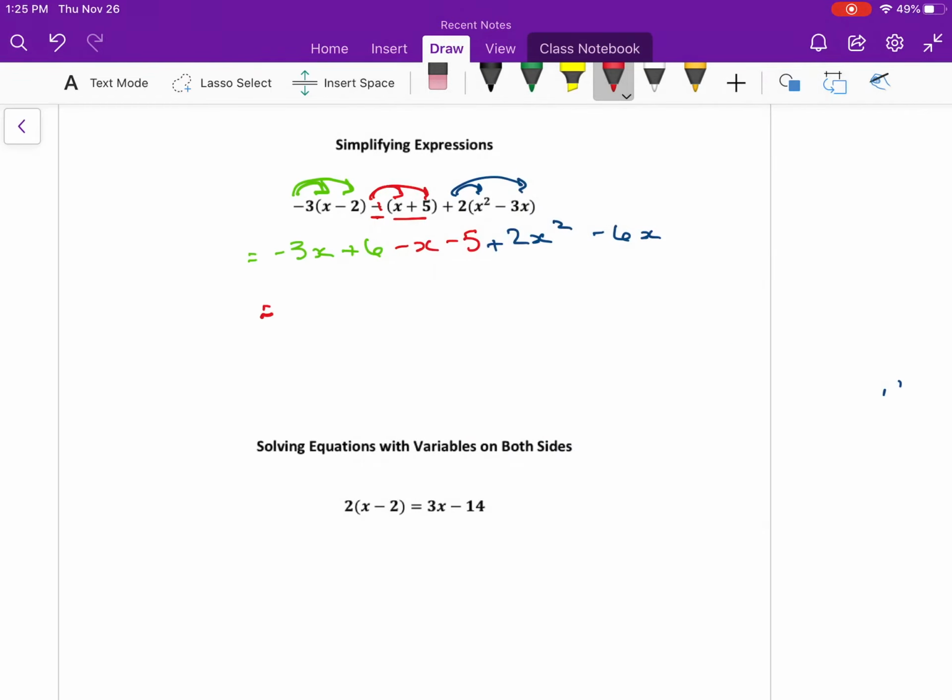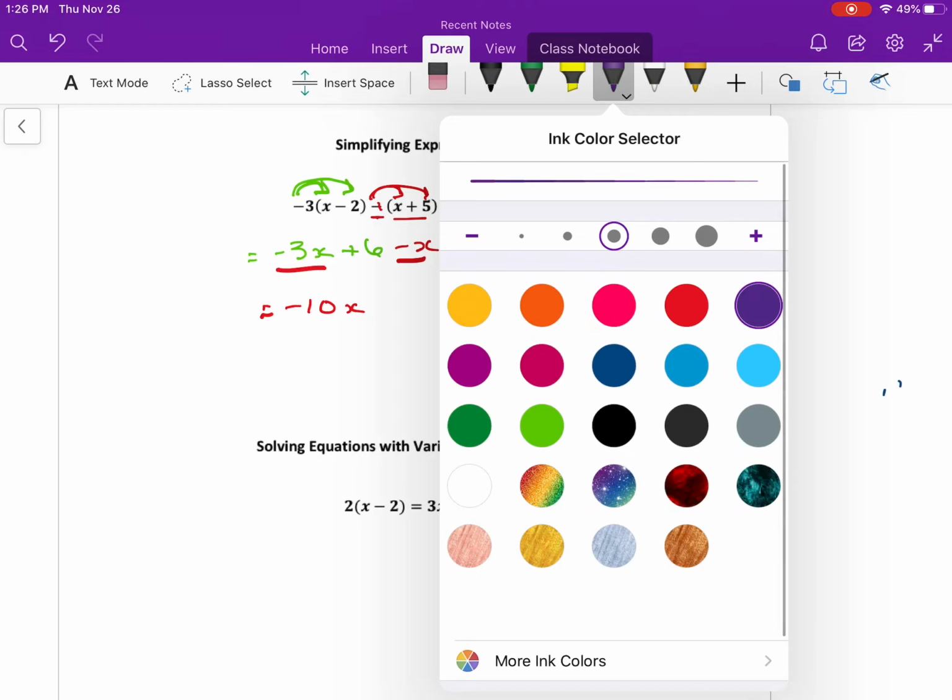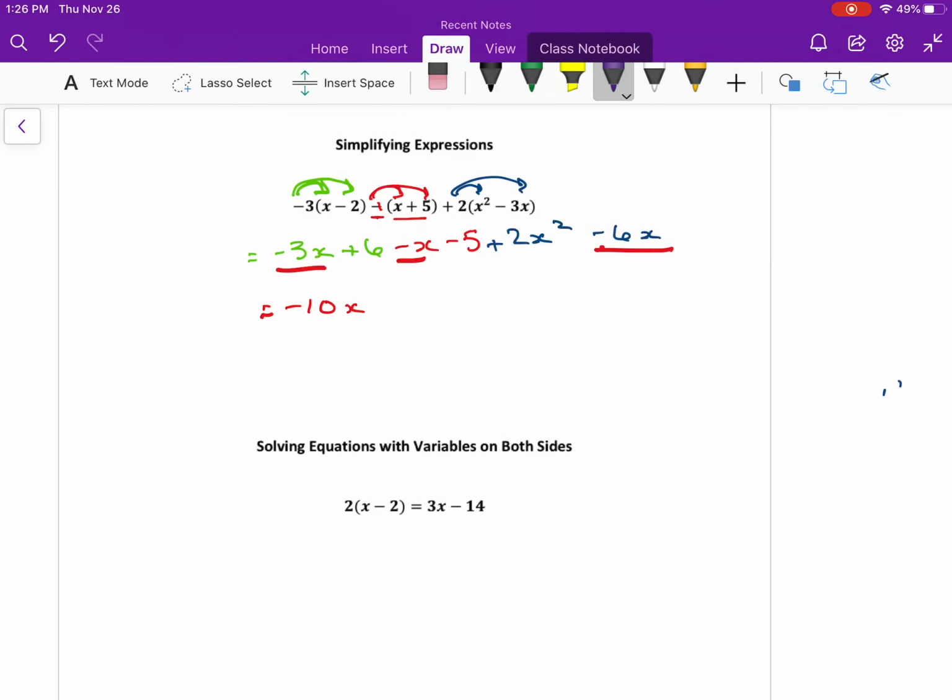Okay, so negative 3x minus x minus 6x. Remember, we can combine the like terms. So negative 3 minus 1 is negative 4. And then negative 4 minus 6 gives us negative 10x. And then, is there anything else we can combine? Oh, we have here a 6 and a minus 5, so we can combine that.